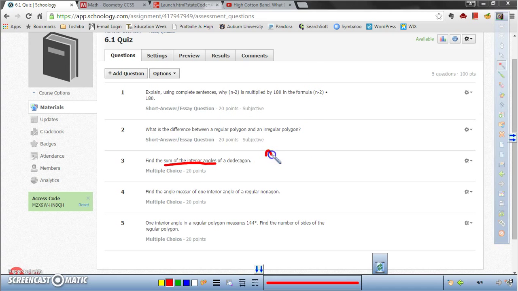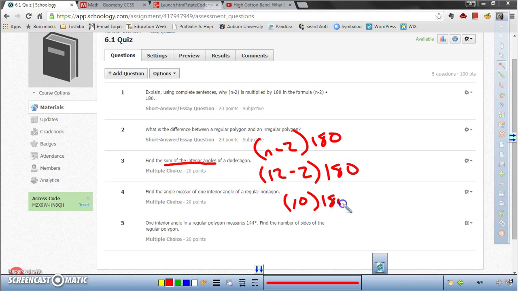My formula here is n minus 2 times 180 degrees, where n represents the number of sides. A dodecagon has 12 sides, so we do 12 minus 2 times 180. Do your parentheses first, following the order of operations, to get 10. 10 times 180 is equal to 1800 degrees.